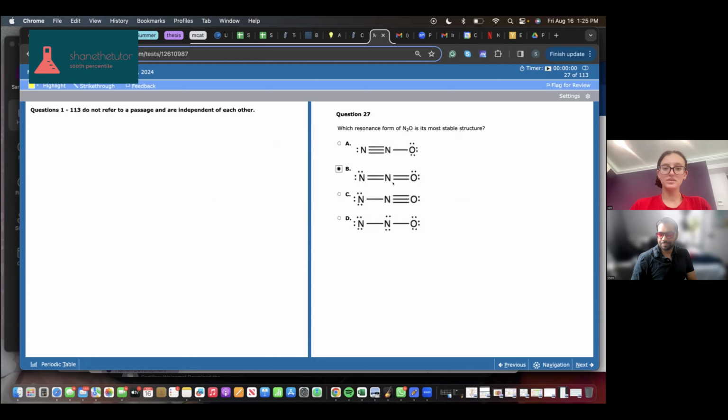When I was looking at it, I was like four, because N wants to form four bonds and have zero valence electrons, and then oxygen wants to have two and two. So just with what I know, this felt like the best one.